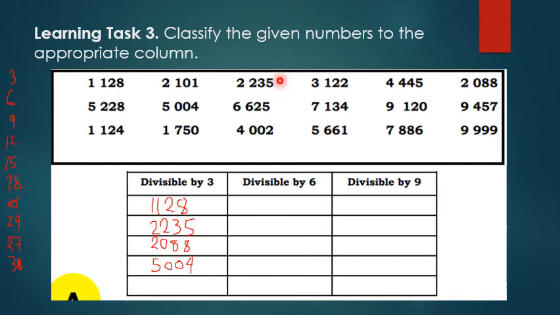Okay, so next tayo. 6,625. So 6 plus 6 is 12, plus 2 is 14, plus 5 is 19. So wala din po siya dito. 7 plus 1 is 8, plus 3 is 11, plus 4 is 15. So ayun po siya.